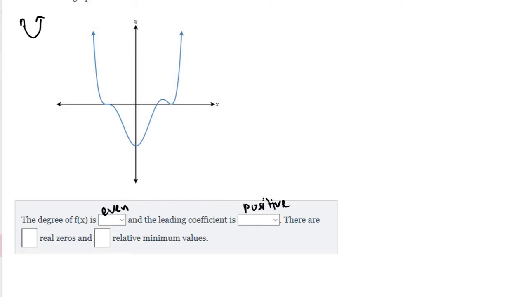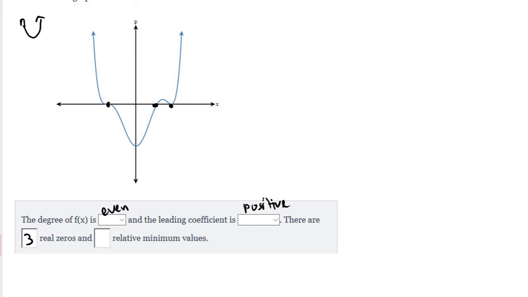All right. And now, this is a part that we didn't talk a whole lot about in class. Actually, we talked about the zeros. So the zeros are these places. The zeros are where it's crossing. That's crossing over there. But it's crossing in a flattened way. That means there's a multiplicity of 3 right there. And then there's another zero here of a multiplicity of 1. And another zero here of a multiplicity of 2. There are only 3 zeros, because those are the only places it's touching or crossing the x-axis.